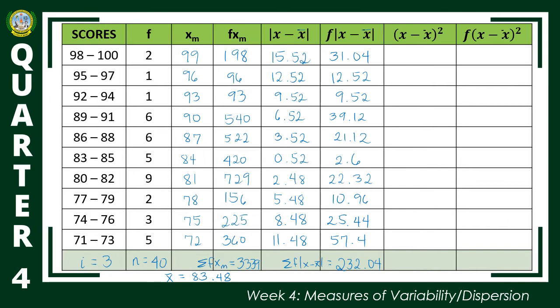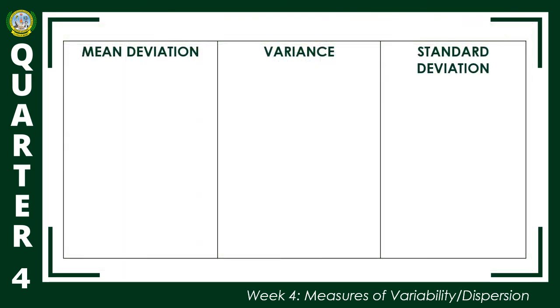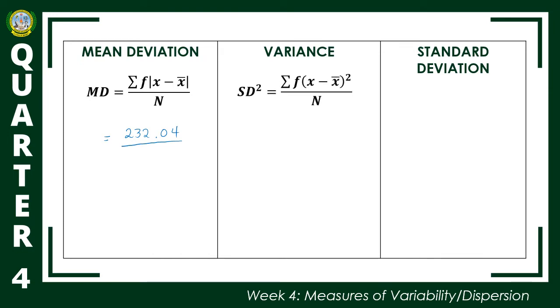Okay. So, compute natin. Mean deviation, ang formula ay ito. We have here summation of f times the absolute value of x minus mean over n. So, ang nakuha po natin pong summation is 232.04 divided by n. Our n is 40. Okay? So, 40 po siya.